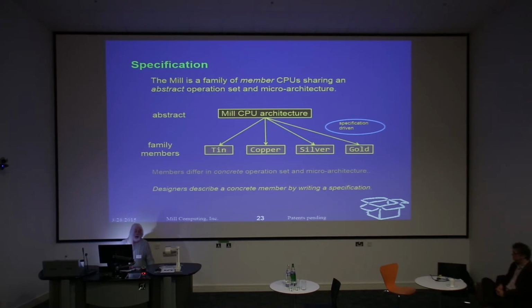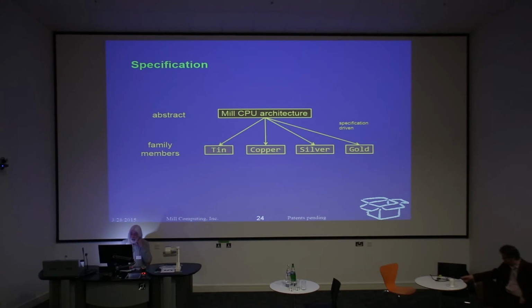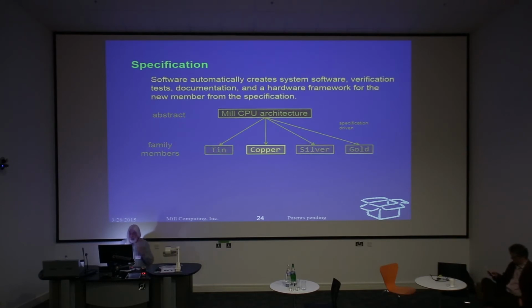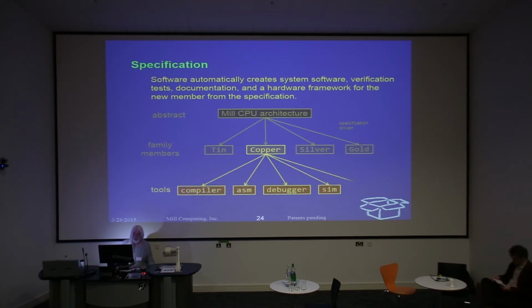Everything is regular, and as usual, no good deed goes unpunished, and we discovered that LLVM actually doesn't really like being given an extremely large operation set that is extremely regular. Those family members, when we create the system software, produce tool sets. That's all mechanically driven off the data in the specification.